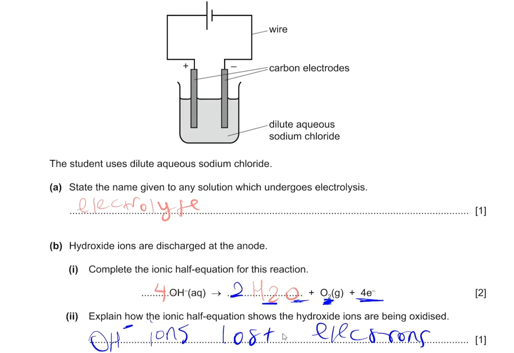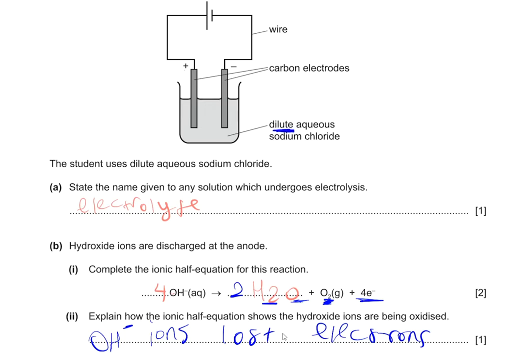So this is the cathode, the negative electrode, which attracts a positive ion. To know the positive ion that goes to the cathode, we want to look at the electrolyte, which is in this case dilute aqueous sodium chloride.